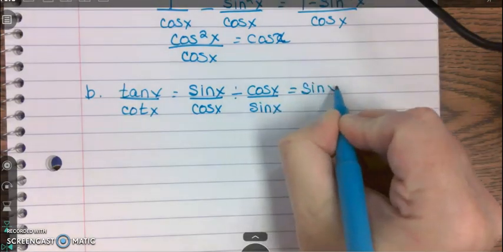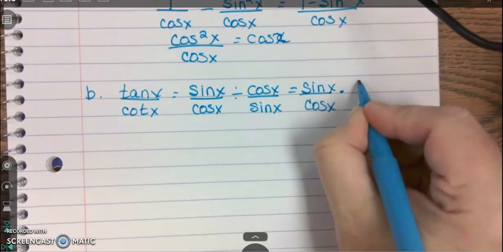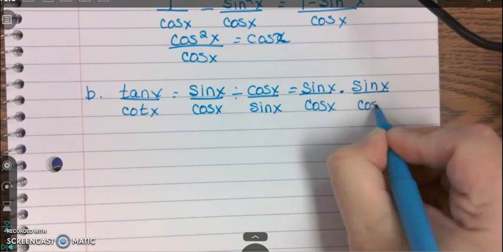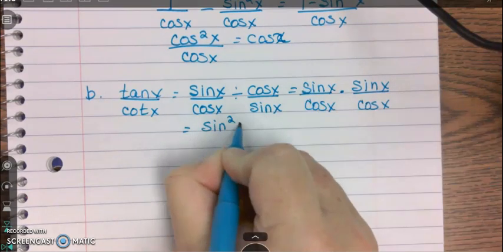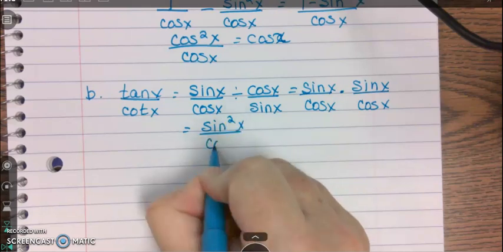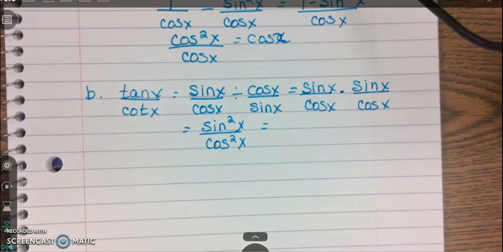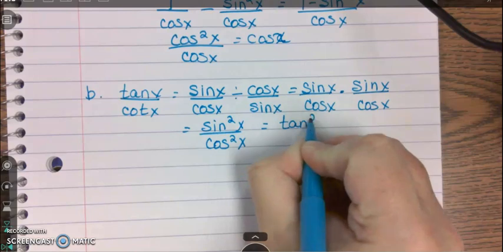So sine x over cosine x times sine x over cosine x. So I can multiply here, and I get sine squared x over cosine squared x. So if sine over cosine is tangent, then sine squared over cosine squared is tangent squared.